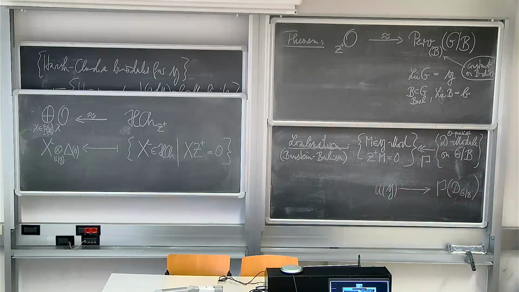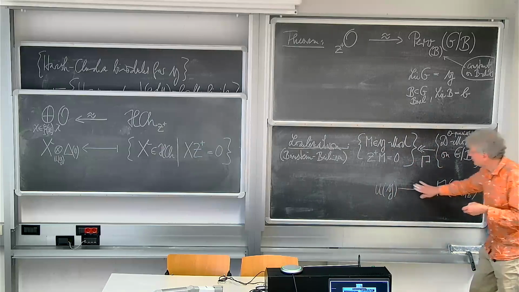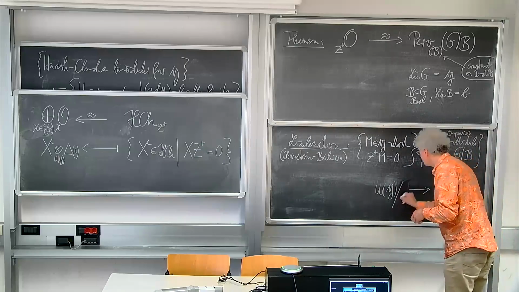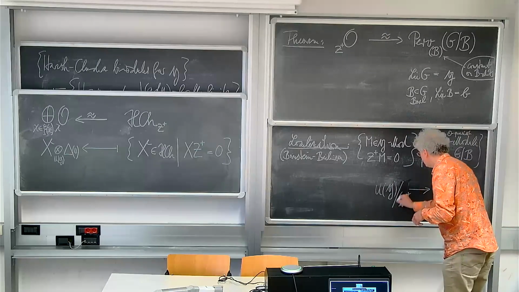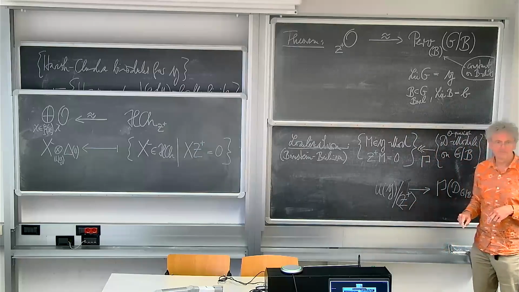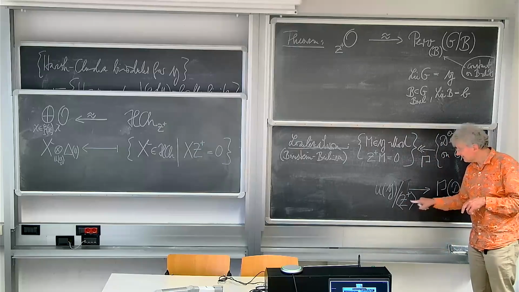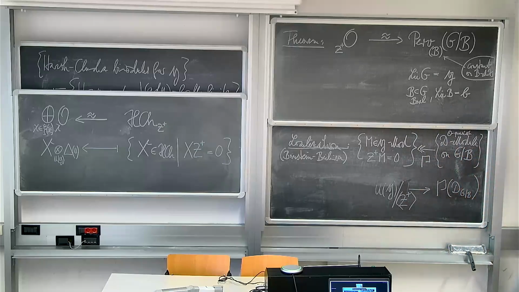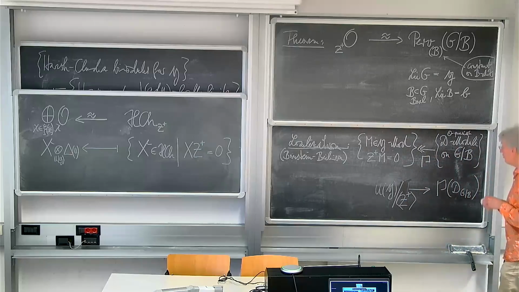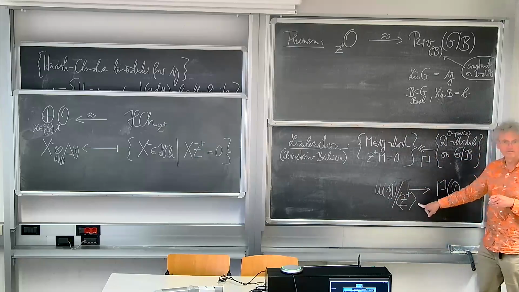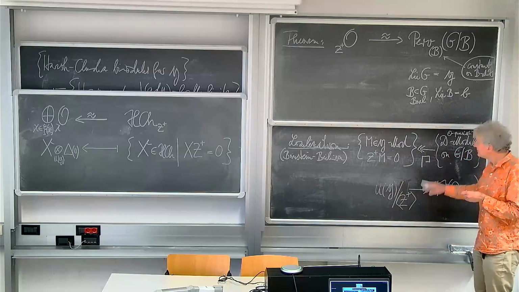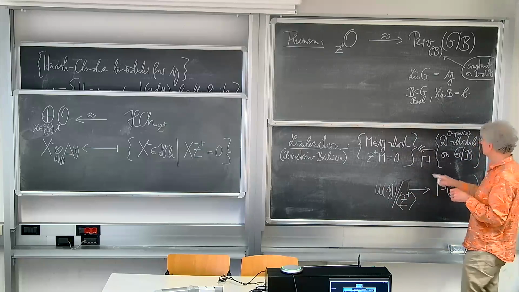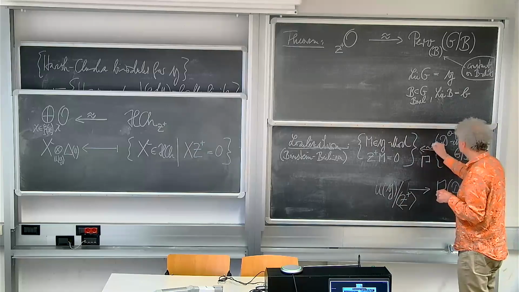Then you have to determine the kernel of this map, and you check, which is some work to do, that the kernel is the ideal generated by those elements in the center which kill the trivial representation. So if I have a D module and take its global sections, I get a module over this ring. And the theorem is that this is an equivalence of categories.